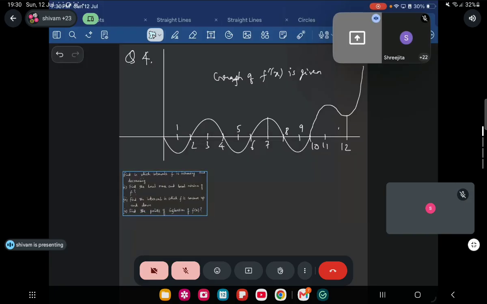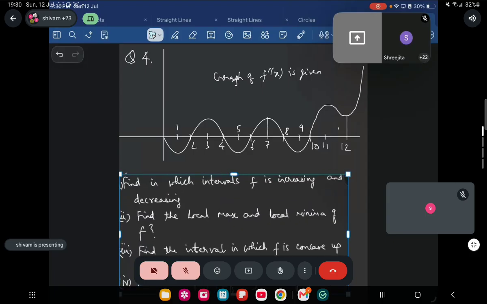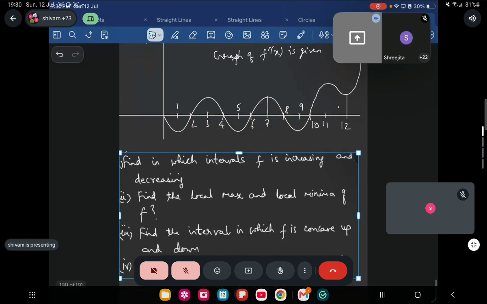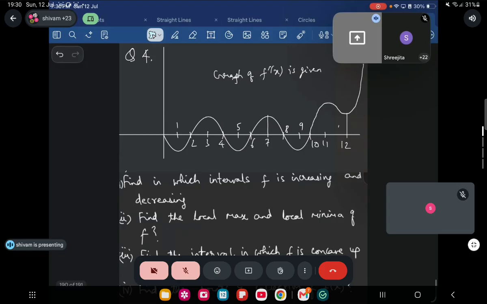So everyone, there are 4 subparts. Send me at least 2 of the answers at once.